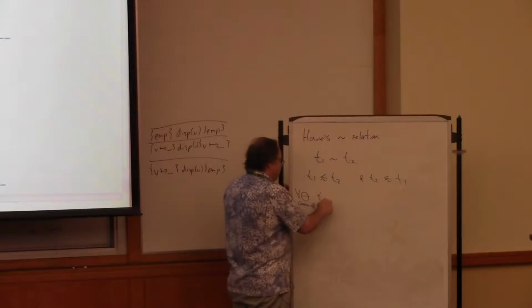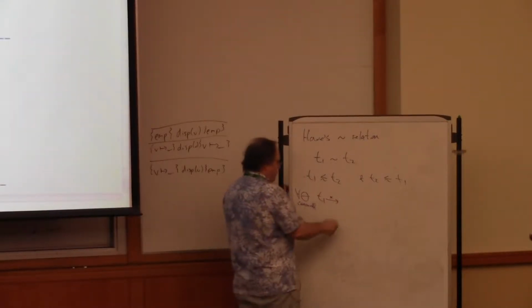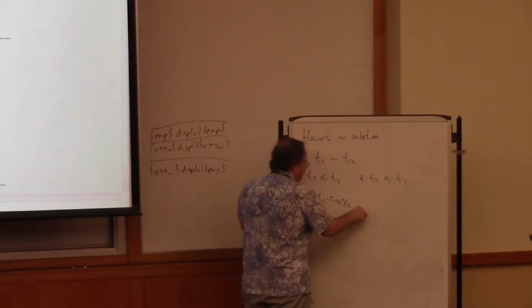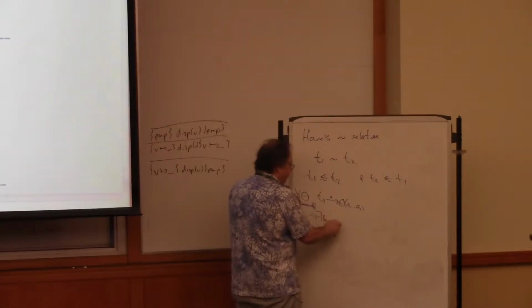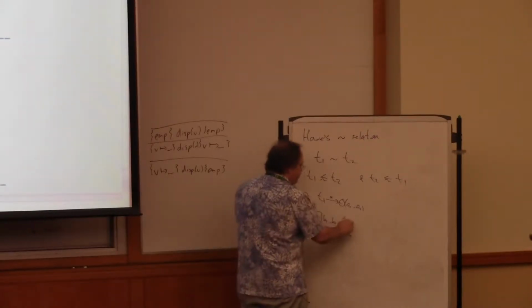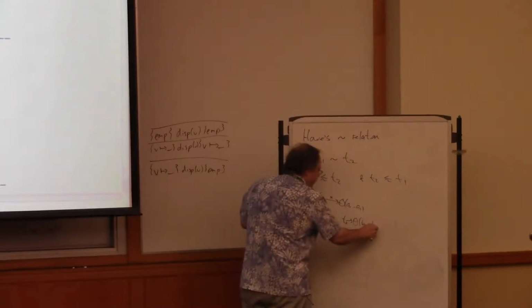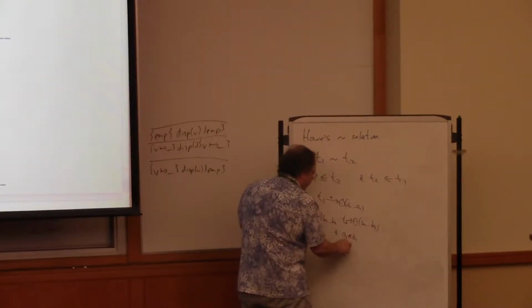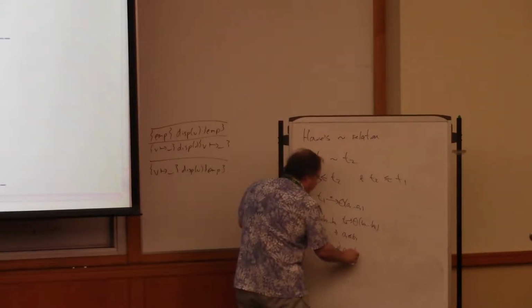If T1 computes in any number of steps to theta of some A1 to An, then there exist B1 to Bn such that T2 will compute to theta of B1 to Bn, and A1 is squiggle less than or equal to B1, and An is squiggle less than or equal to Bn.